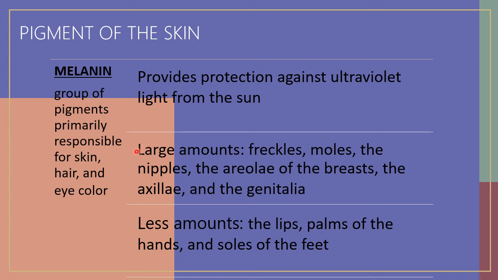And large amounts of melanin are found in freckles, moles, nipples, areola of the breast, axilla, and the genitalia. That's why these areas are darker in color. While there are also areas with less amounts of melanin, such as your lips, palms of the hands, and soles of the feet. So you see these are lighter compared to these areas of the skin.